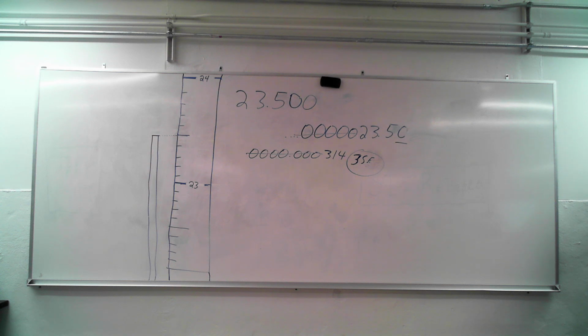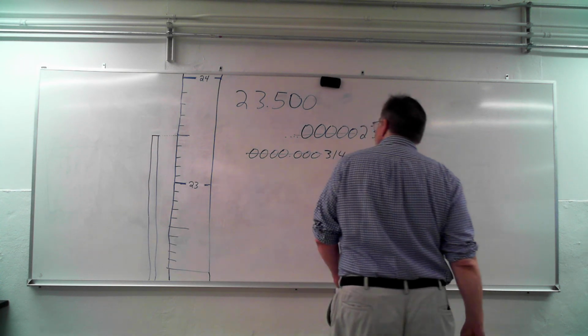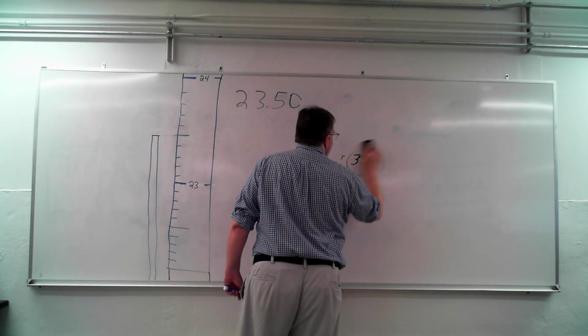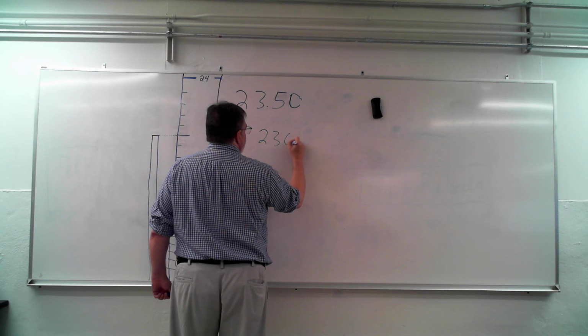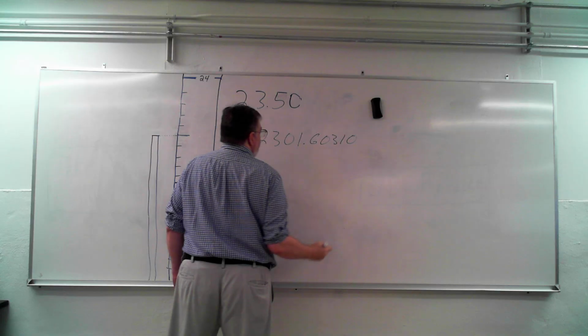Okay, number 2 here, interior zeros. There's another place that zeros can show up. What if I had 2,301.60310?